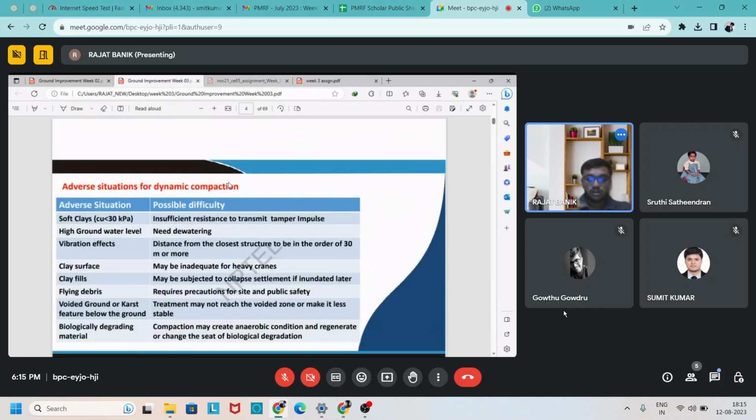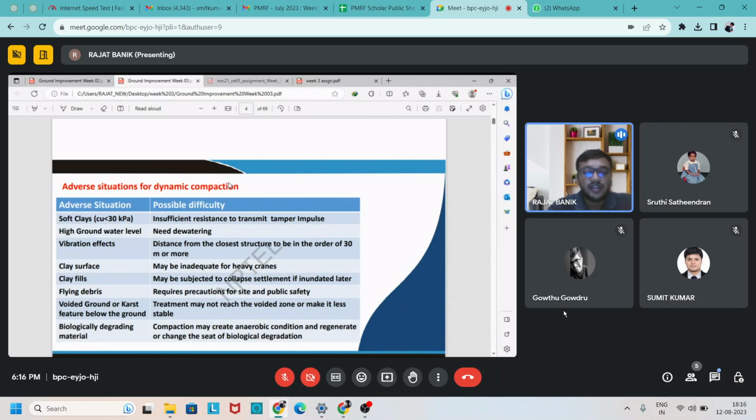In the next slide, we discuss some adverse situations where dynamic compaction has problems and we cannot apply this deep dynamic compaction. If there is soft clay, that means the undrained shear strength, or undrained cohesion, is less than 30 kPa, this technique is not suitable because the soil is insufficient to resist the temper.